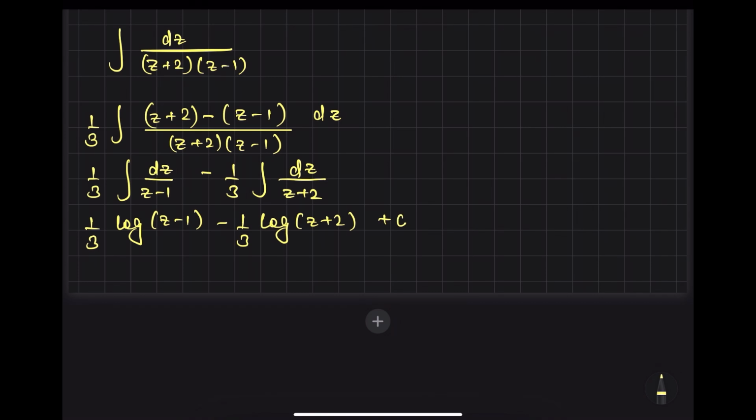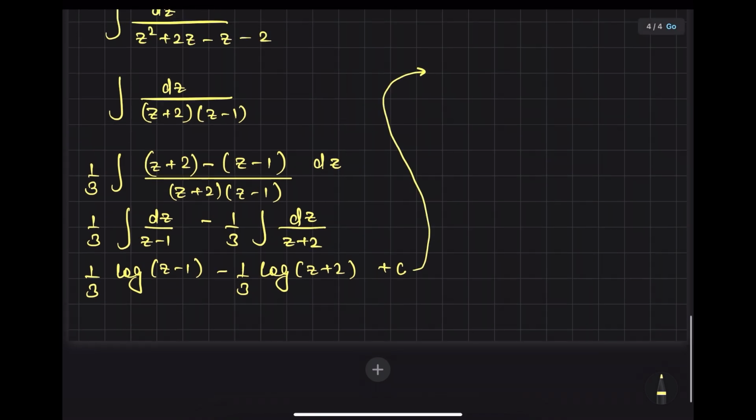I can take 1 by 3 common, and we can apply the log m by log n formula. So 1 by 3 is taken outside, log of z minus 1 by z plus 2, plus integration constant c.